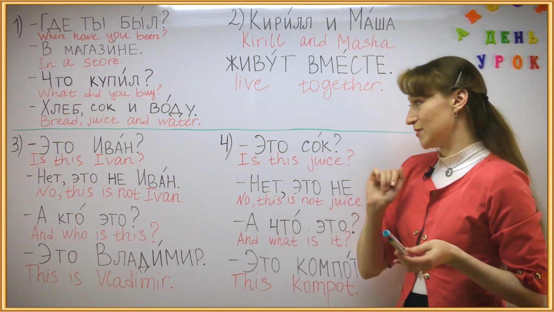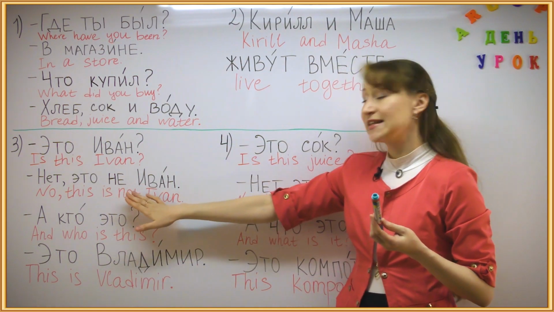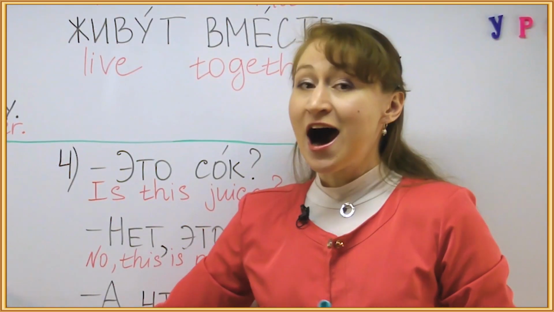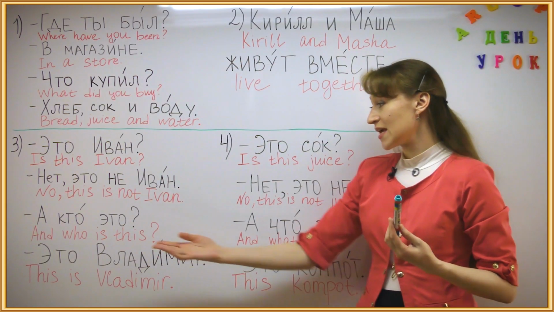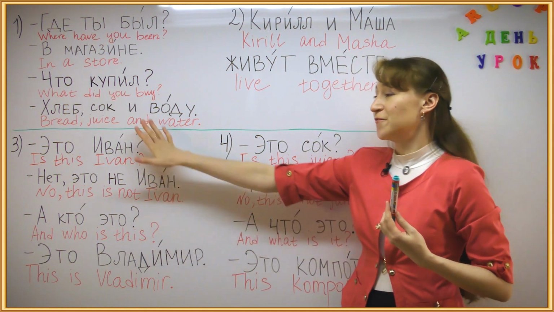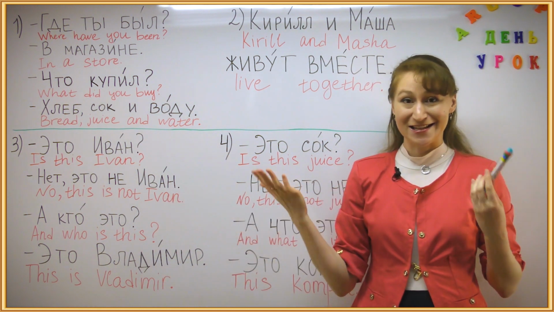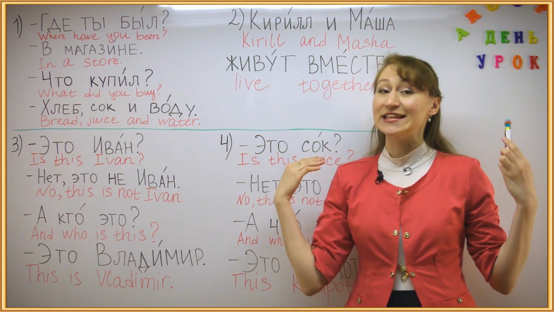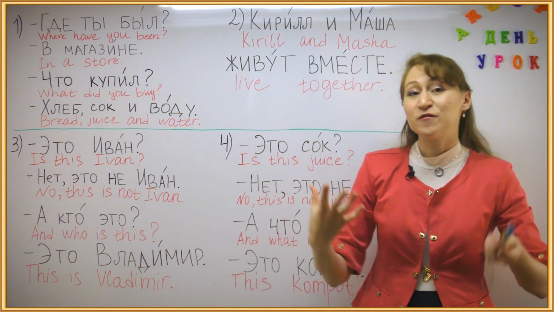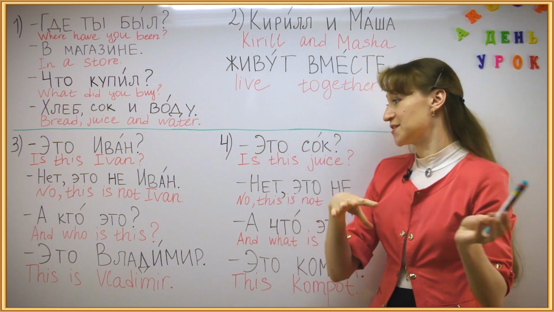Now, different examples. Это Иван? Нет, это не Иван. Imagine that you are looking at the picture. А кто это? Это Владимир. So here, the first person asks, это Иван? Then he gets a negative reply. Нет, это не Иван. And he understands that's a different person, right? Like a different item, a different person.